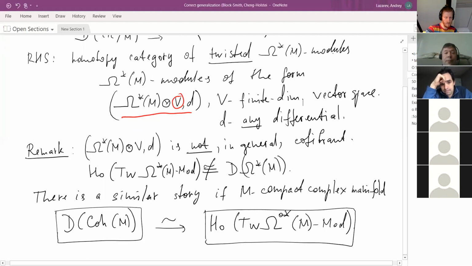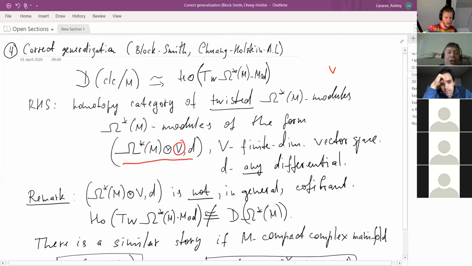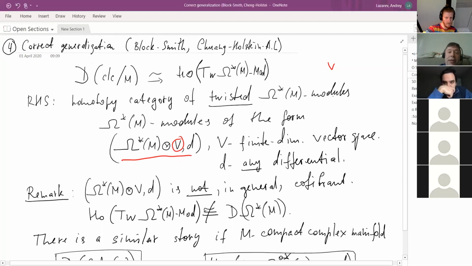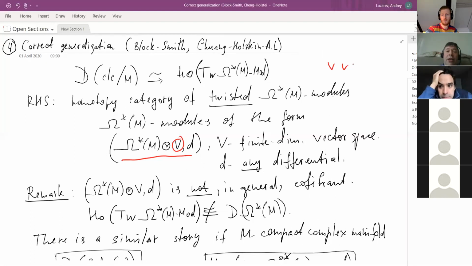With this definition, it turns out that this equivalence holds. So the derived category of cohomologically locally constant sheaves is equivalent to something that could be called an exotic derived category of Ω*(M).